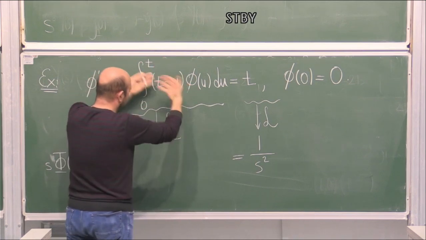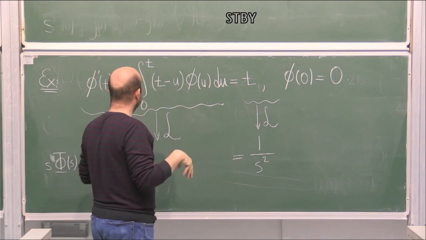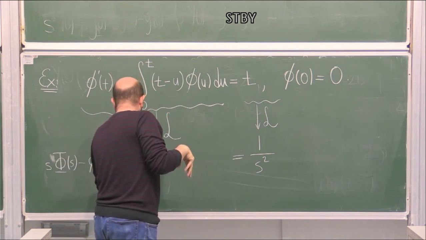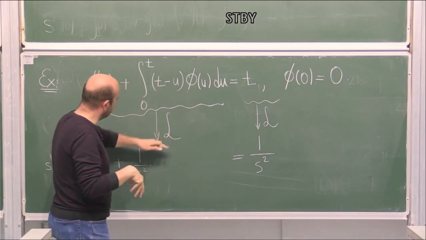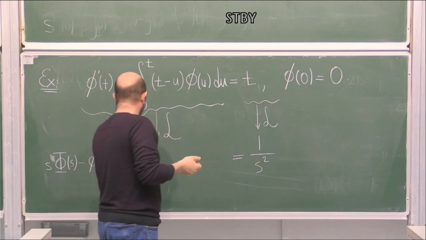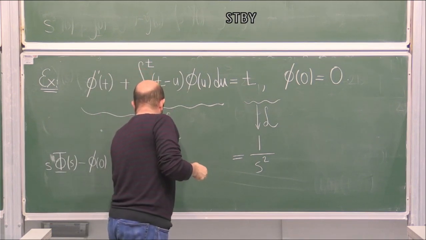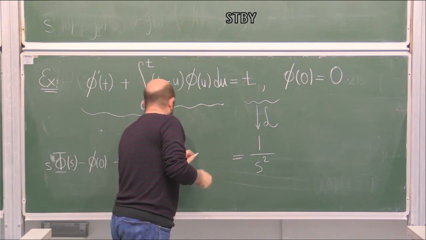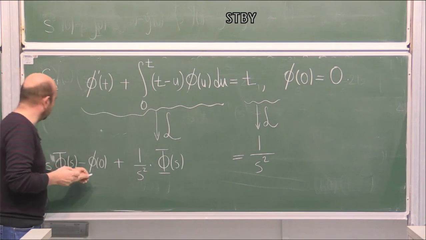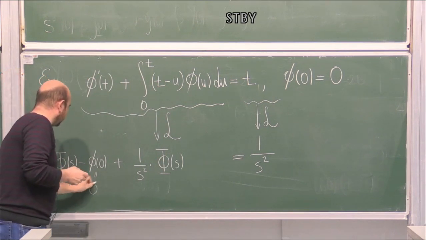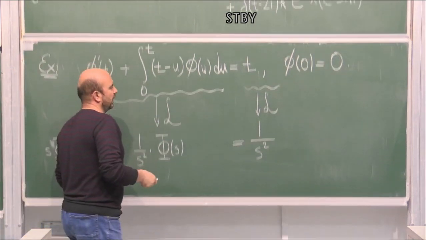If you apply Laplace to this, then we get Laplace of t, which is 1 over s squared, times, because it's a convolution, after Laplace it's the product, Laplace of phi, which is capital Phi of s. Now let's put the initial condition. So phi(0) is 0. So from this part, we get the following.